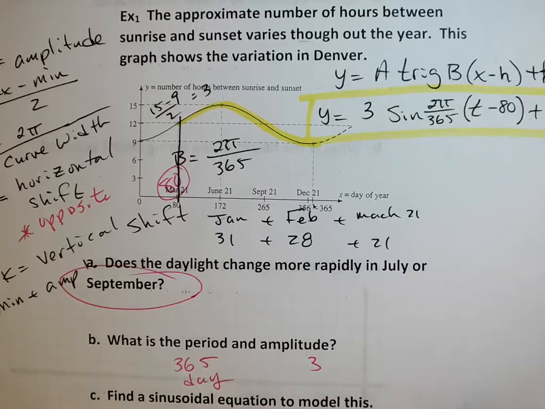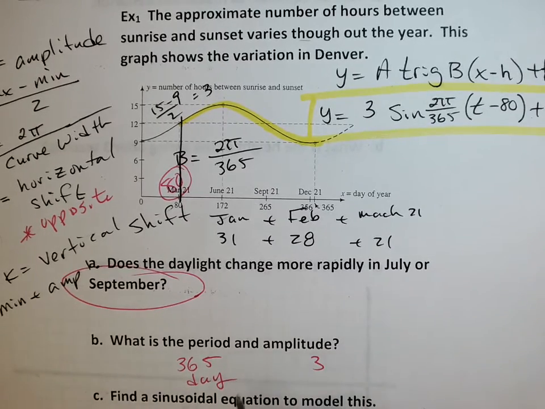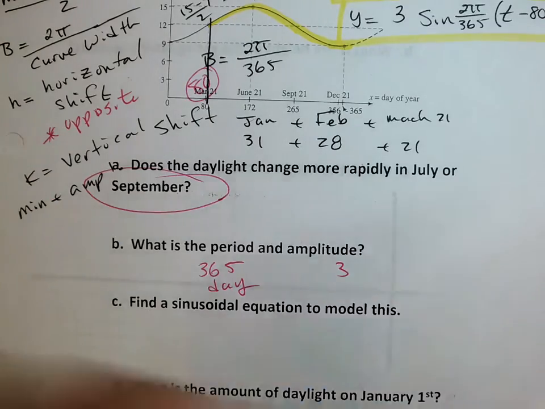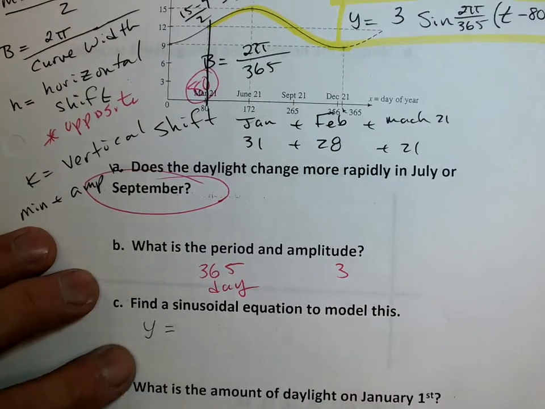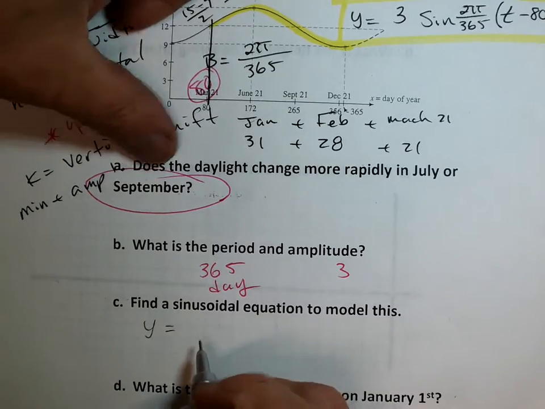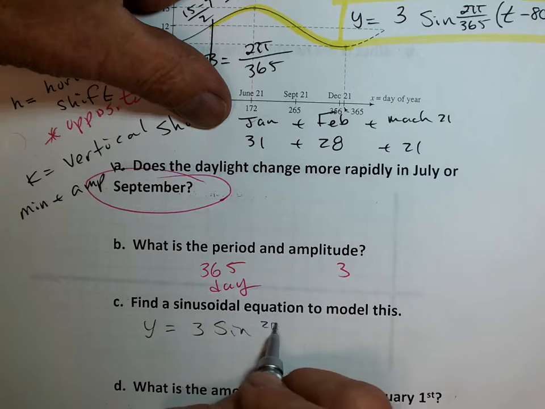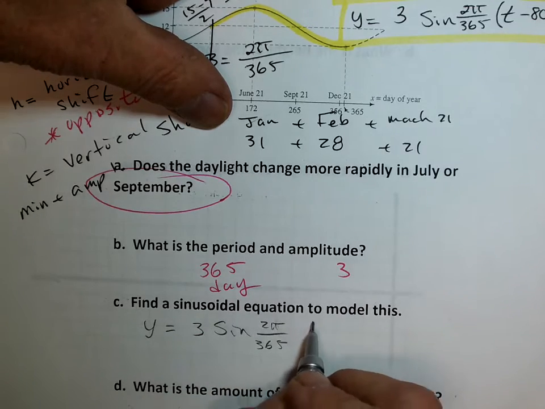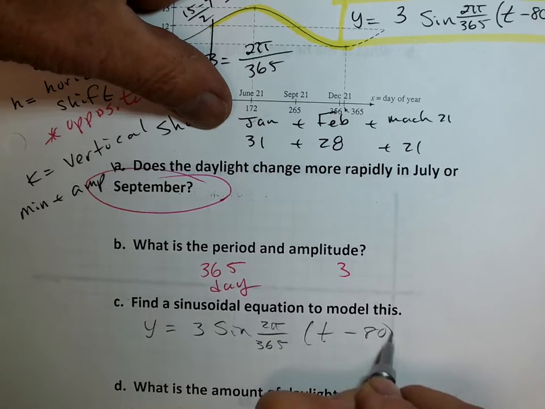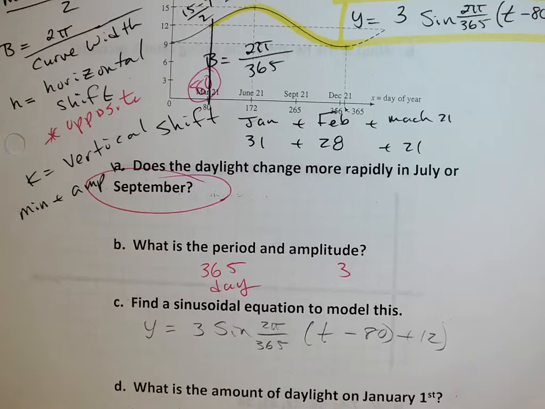Now, find a sinusoidal equation. That's a weird name, but that's what we just did. Our sinusoidal equation is y equals 3 sine of 2 pi over 365 (t minus 80) plus 12. How am I doing? Let me put that in a darker pen so you can see that better.